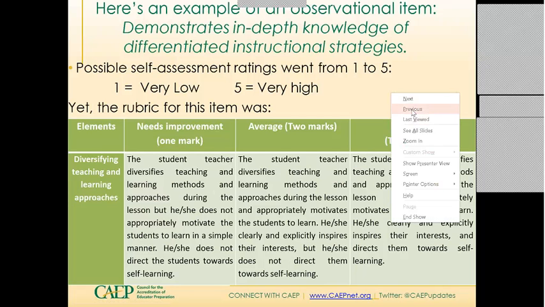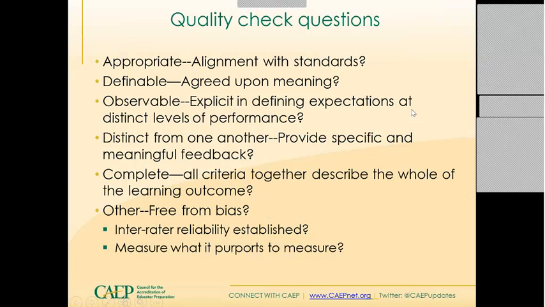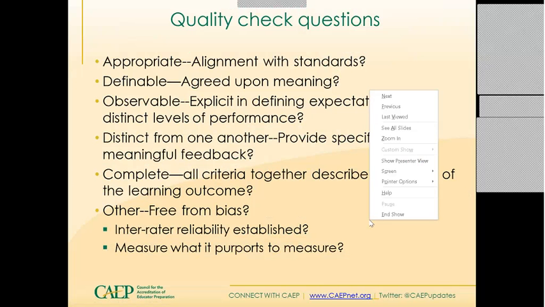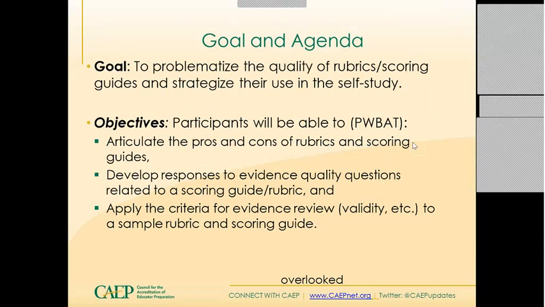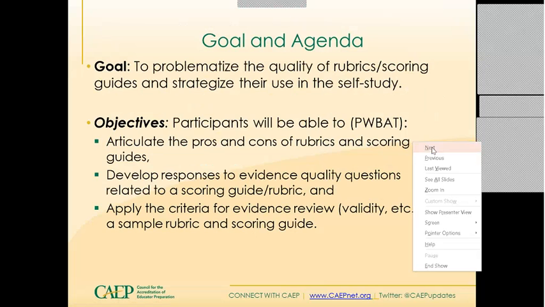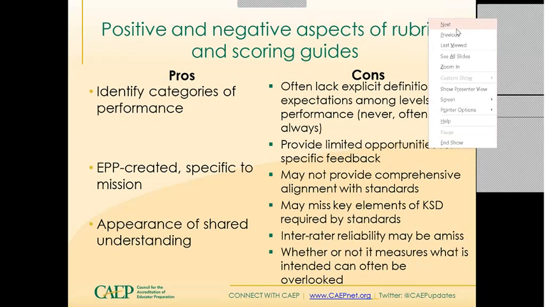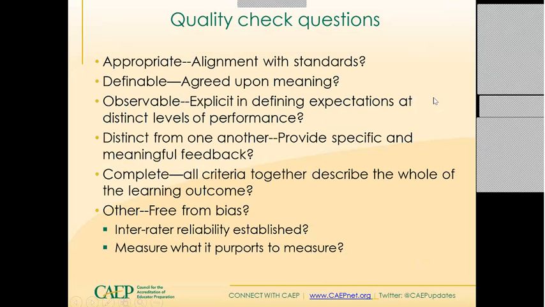Okay, let's go back to the earlier one and look at the next one. Is it observable in defining expectations, and are the expectations distinct from one another? Would they provide meaningful feedback? Well, if we look at this, I keep going back too far. Apologize for this, I'm just clicking on the wrong buttons.